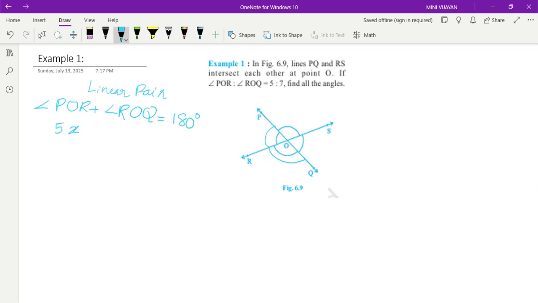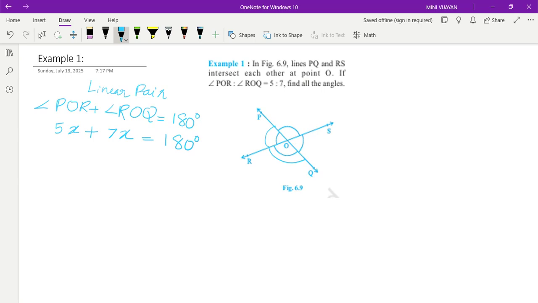And ROQ will be a multiple of 7, so we can write it as 7x. When you take the ratio, x and x get cancelled and we get the ratio as 5:7. So the angle sum is 5x plus 7x, which is equal to 180.